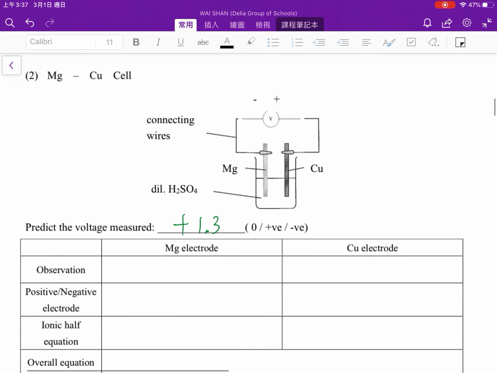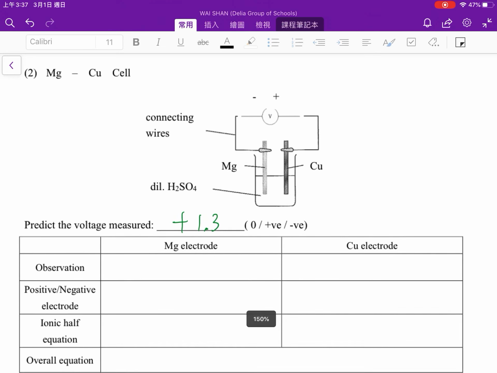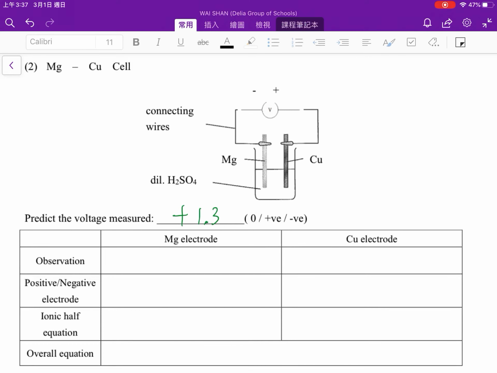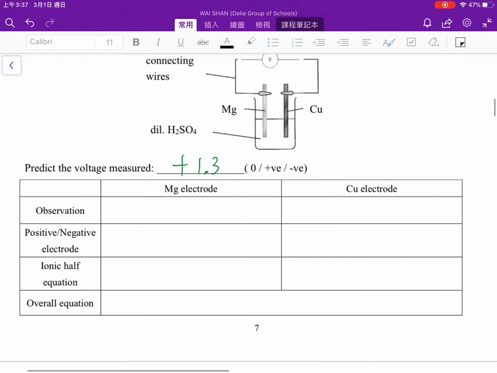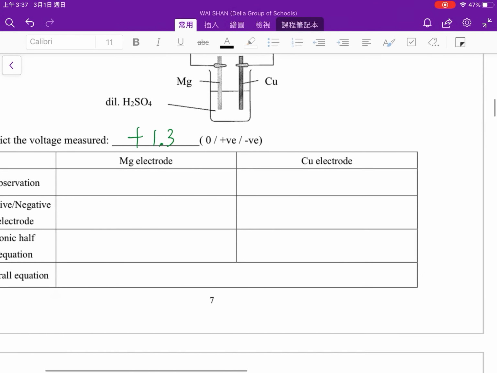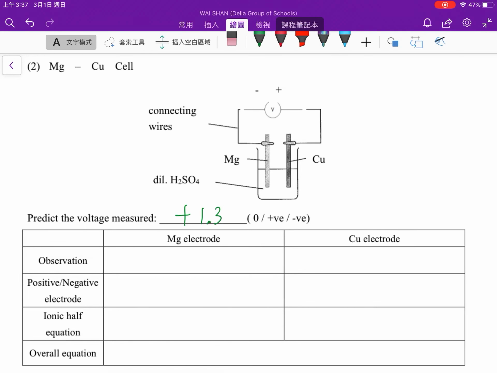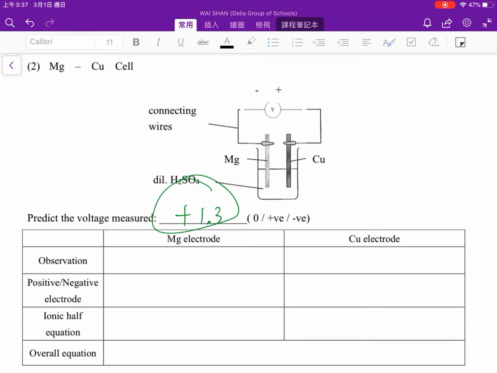Okay, so what you need to do is this one, magnesium copper cell, very similar, it's also made of two different metals. So I think you can complete this table by yourself, and given that the voltage is plus 1.3, even if I don't give you the voltage, you can still predict it.